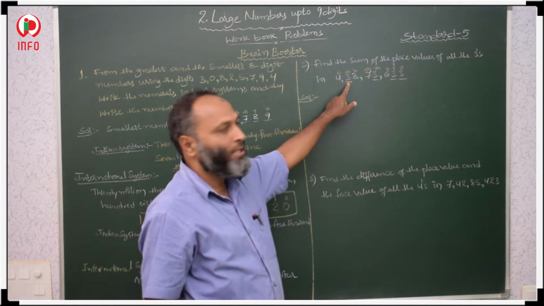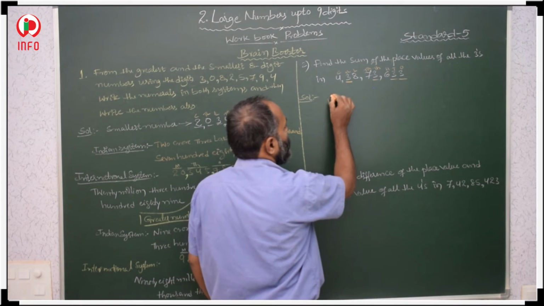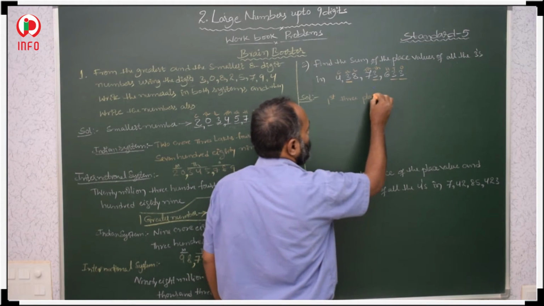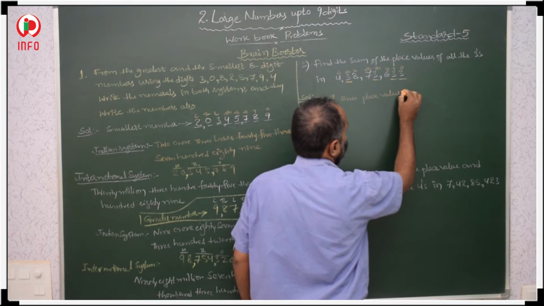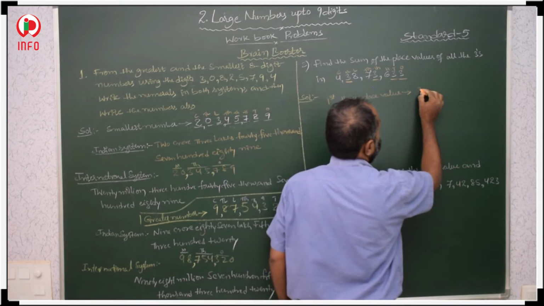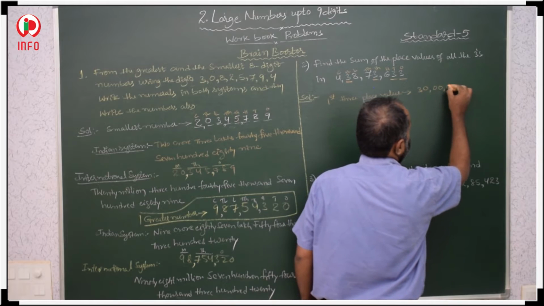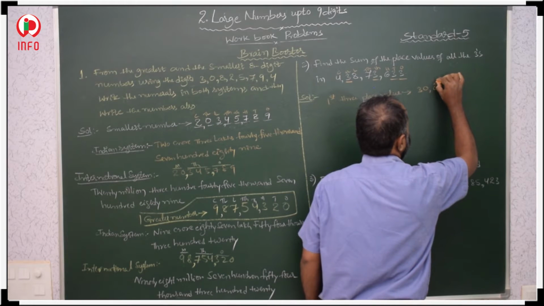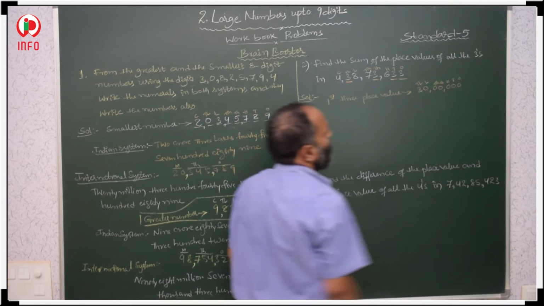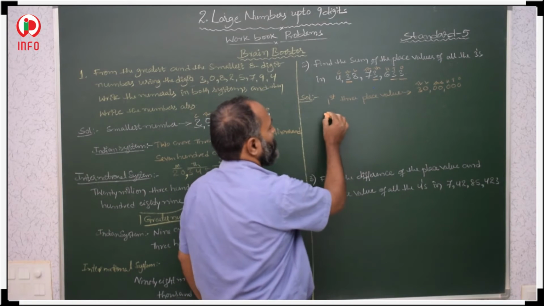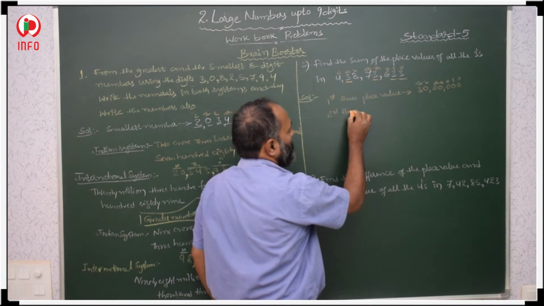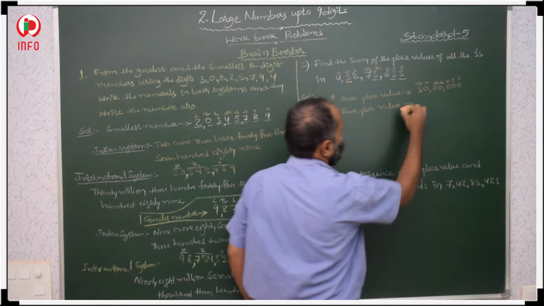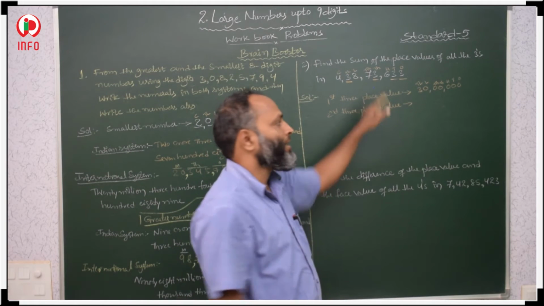First 3: this 3 is in the 10 lakhs place, that is 30 lakhs. Now the second 3 place value: the second 3 is in the thousands place, that is 3000.